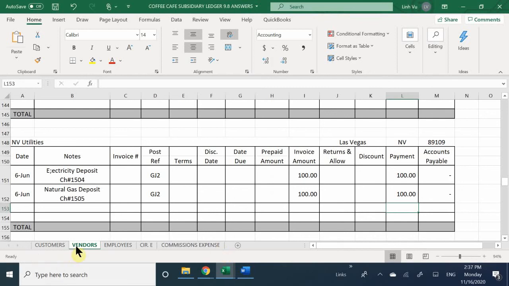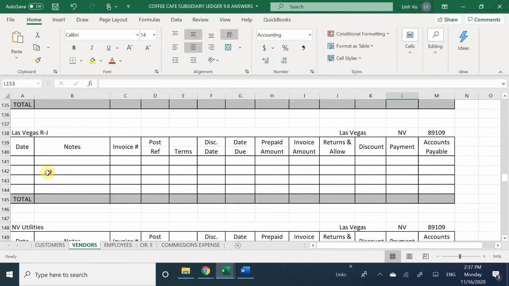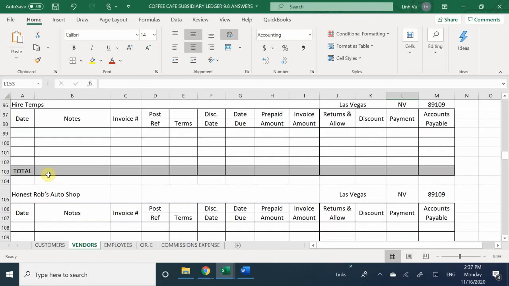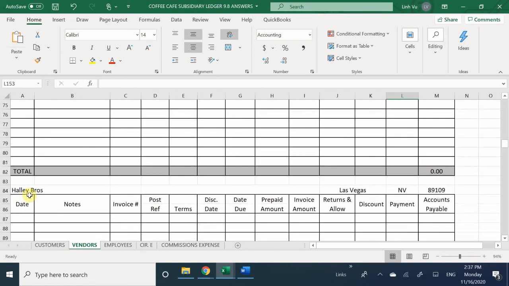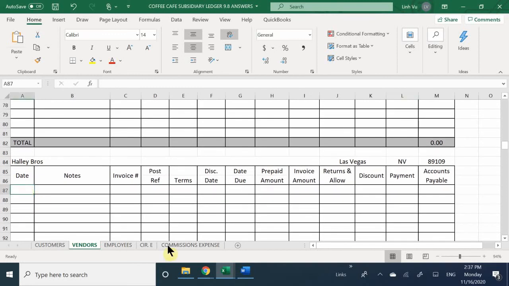We find our vendors and look for Haley Bros. So here's Haley, or Hallie, whatever you want to call them. Here I'm going to go ahead and place that.